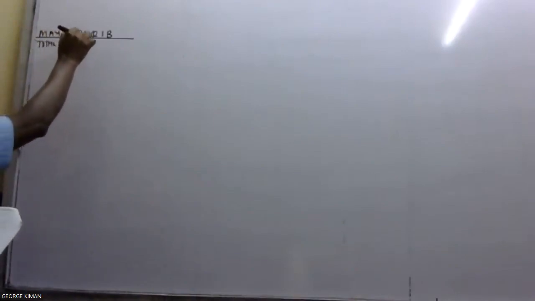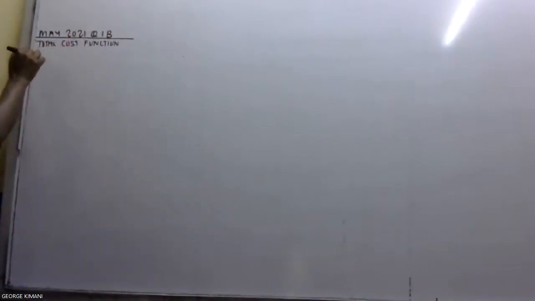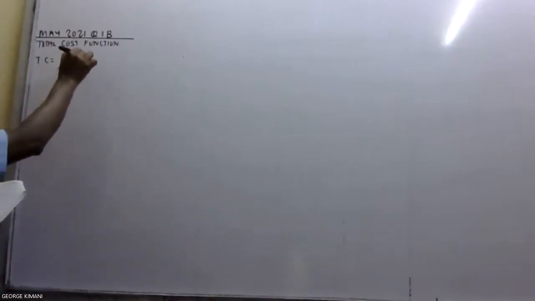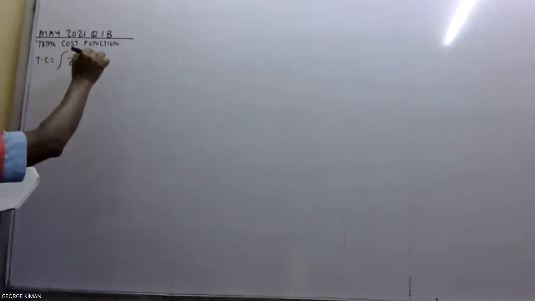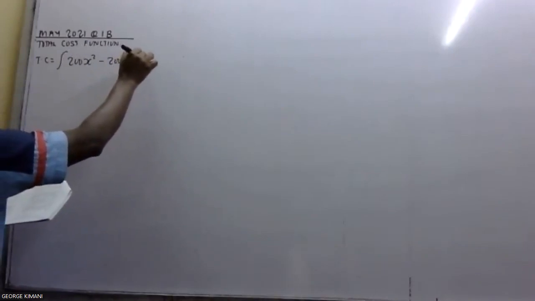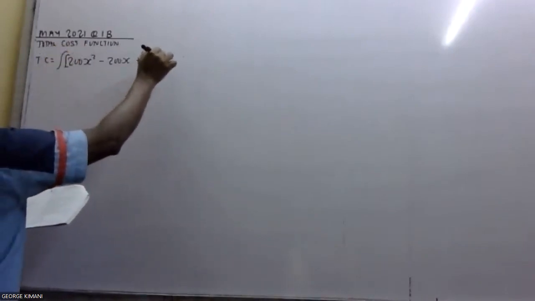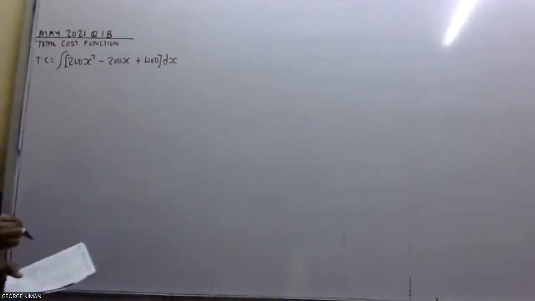So total cost function, we shall get it as TC being the integral of the marginal cost, that is 200x squared minus 200x plus 400 with respect to x.